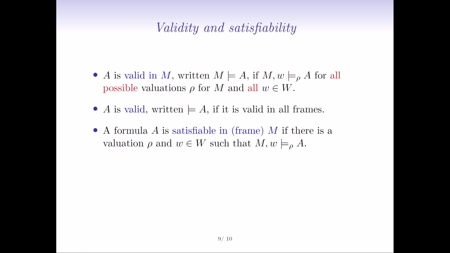So there is some valuation rho, and there is some world in the frame where under that valuation, A is true at the world. So M, W, and rho satisfy A for some possible W and some possible rho. And a formula is just satisfiable if you can find some frame where it is satisfiable. So you can find some set of possible worlds and some possible relation such that at at least one point in the world it becomes true.